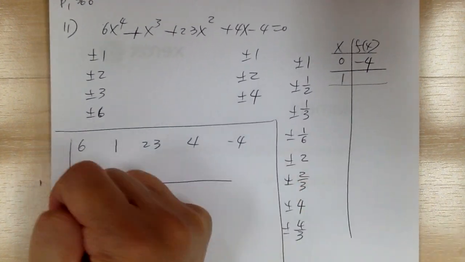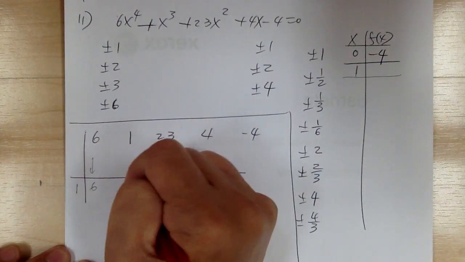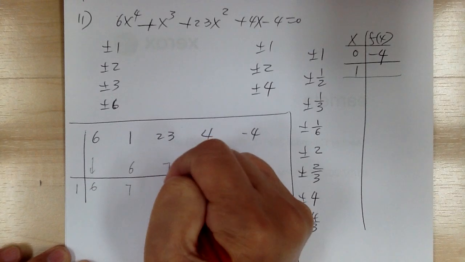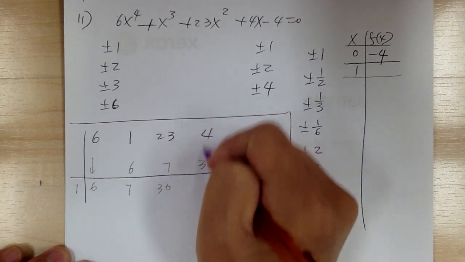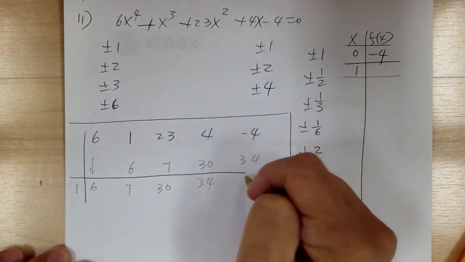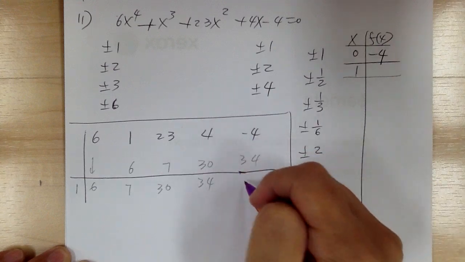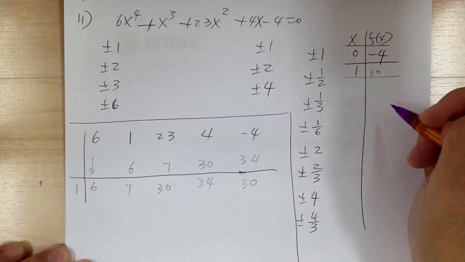So I'm going to try 1: drop, multiply, add, multiply, add, multiply, add, multiply, add. Okay, so when I try 1, I get 30.